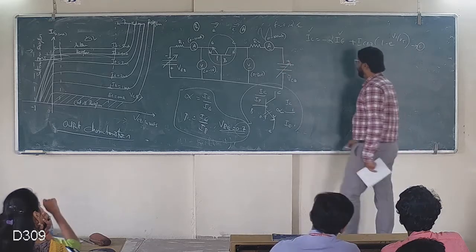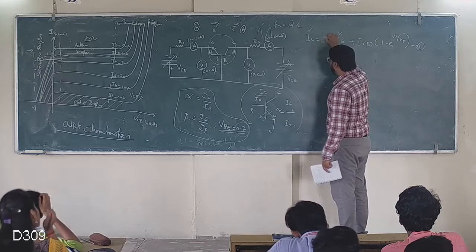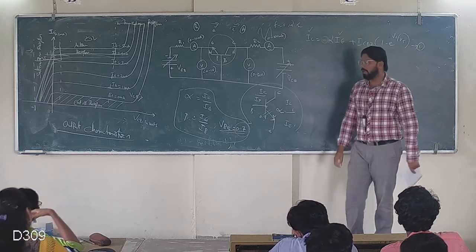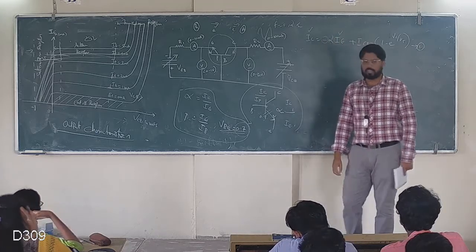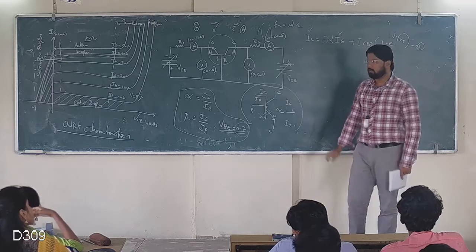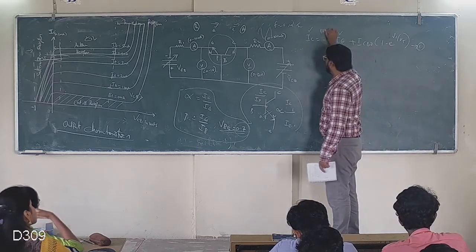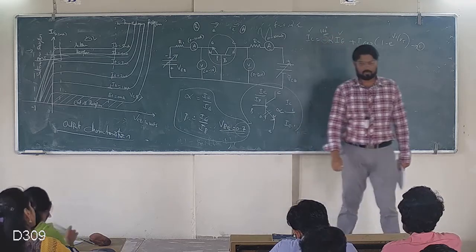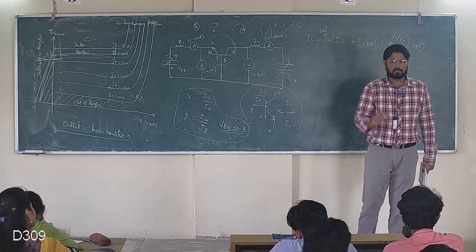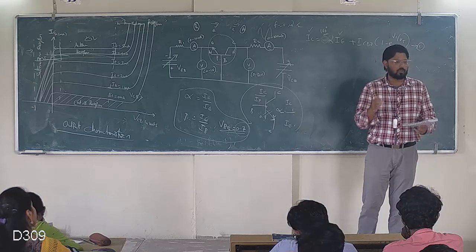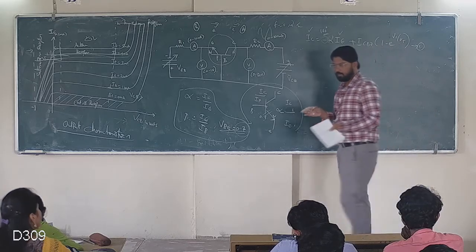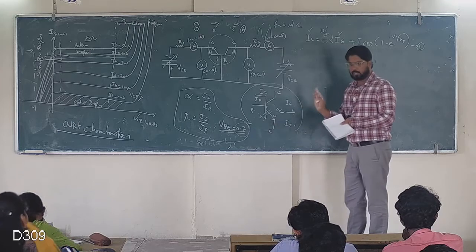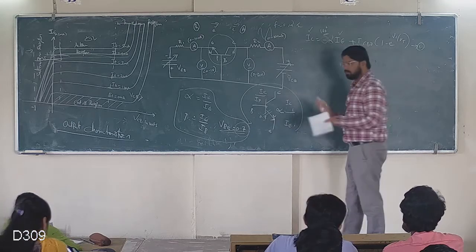Now, what does this minus represent? IC and IE currents flow in opposite directions. You remember, this shows the 180-degree phase shift. I'll explain this point in a later class. Collector current and emitter current flow in opposite directions. Let me try to explain in a simple way.